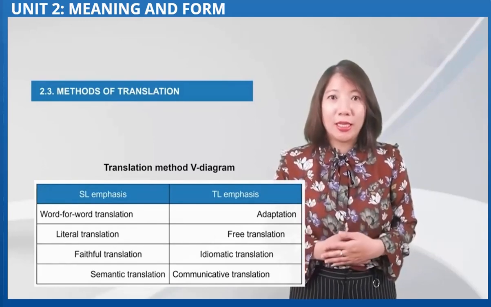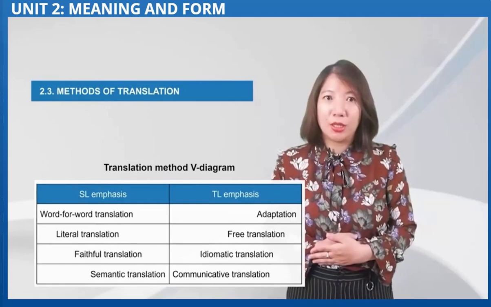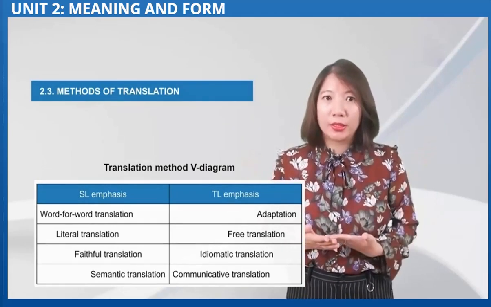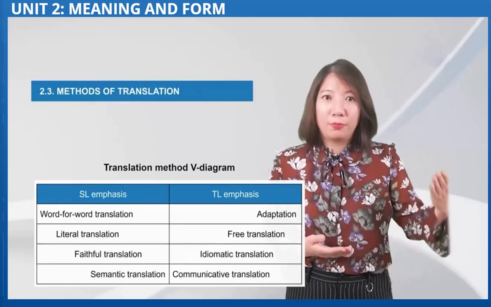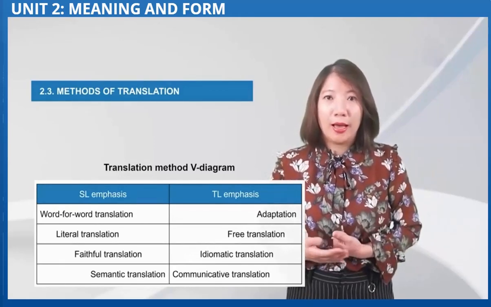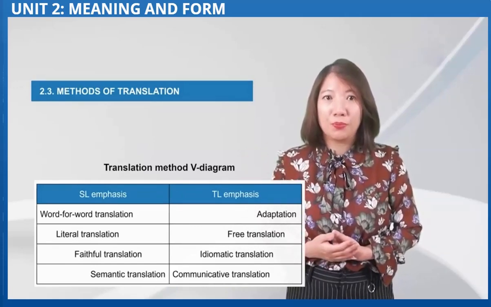As you can see on the screen, the 8 methods of translation are divided into 2 halves, with the ones on the left focusing on the source language and the ones on the right putting more emphasis on the target language.